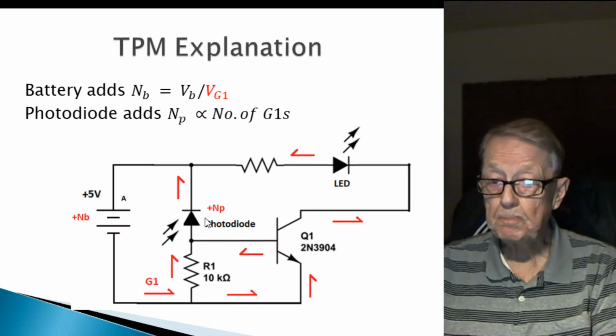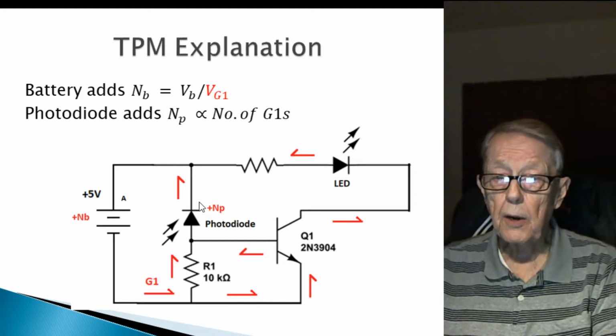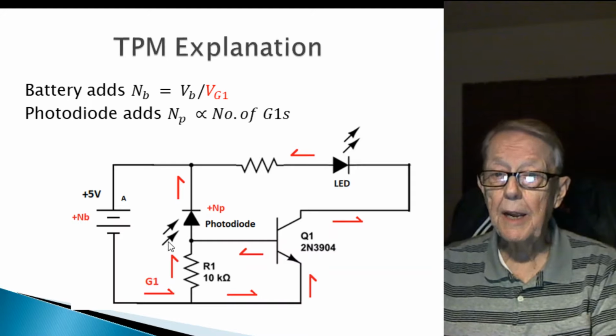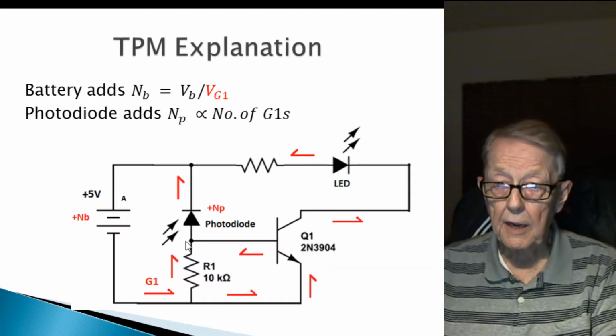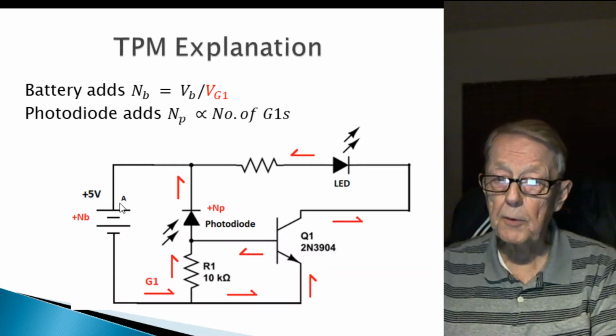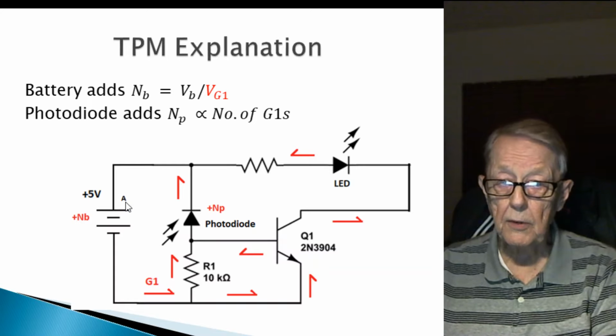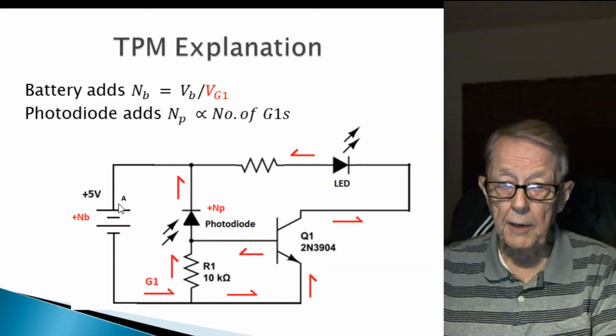And so when you shine ambient light, sunlight, a flashlight on this photodiode, and you let it stabilize with a continuous set of G1s coming in, you end up with a stable circuit with a base number A of G1 particles flowing through. You have A coming into the battery.